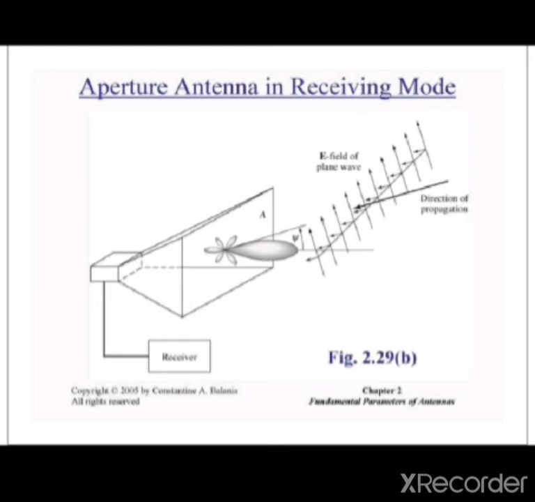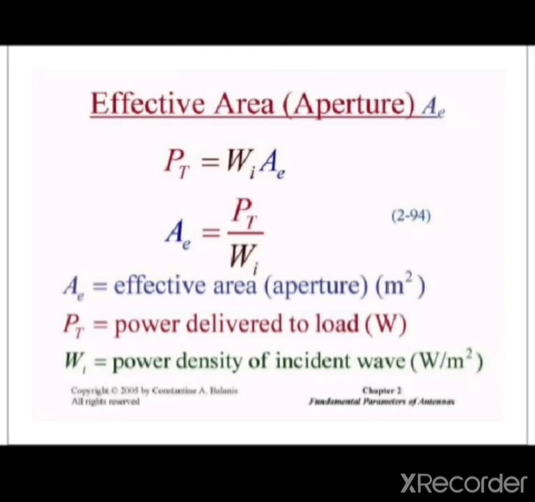This is the electric field, and the direction of propagation is towards here. So already, the effective aperture area is given by PT equal to Wi into AE, where A is the ratio of PT by Wi, PT is the power delivered to the load and Wi is the power density in the incident wave. So this is the effective aperture area.